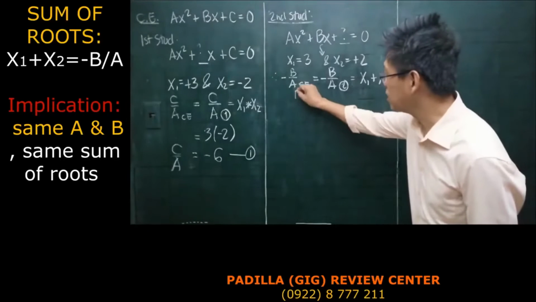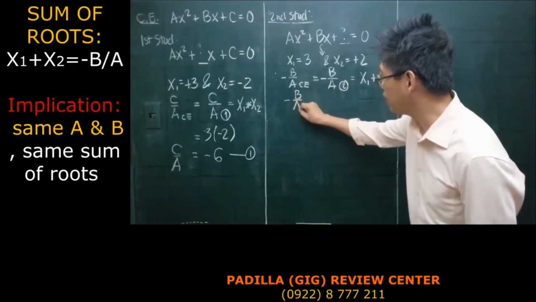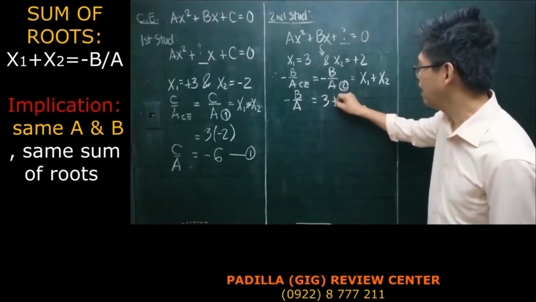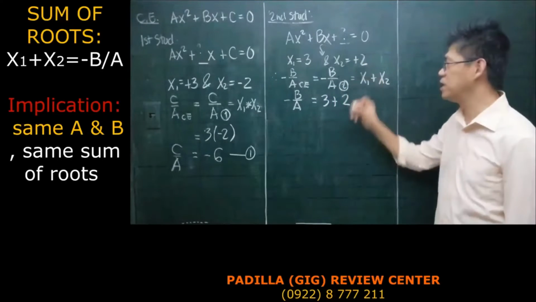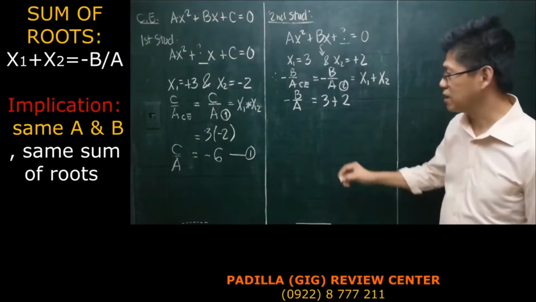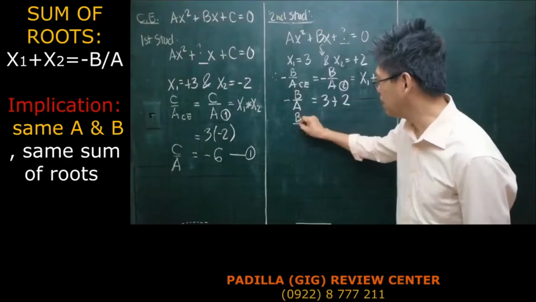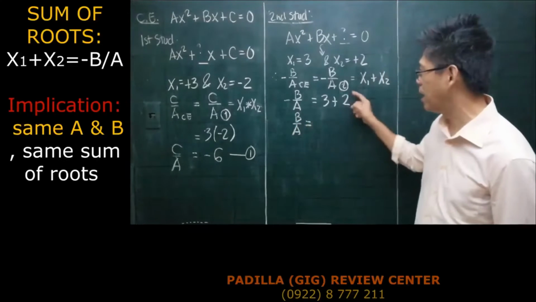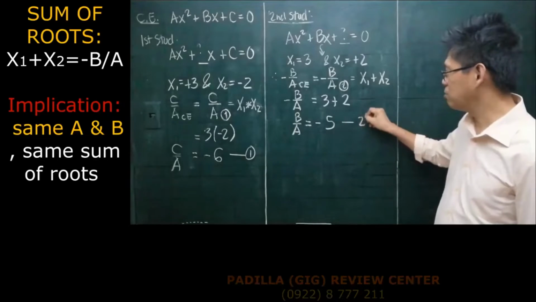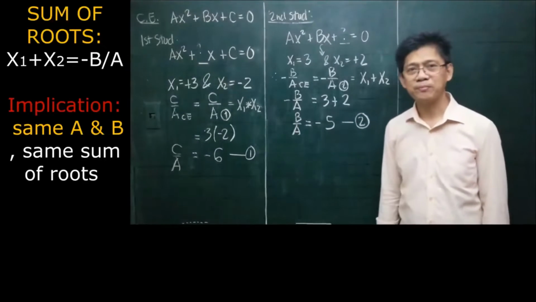So negative b over a of the correct equation is 3 plus 2 of this equation. If I multiply everything by negative, b over a is going to be minus 5. Let me call this equation 2.